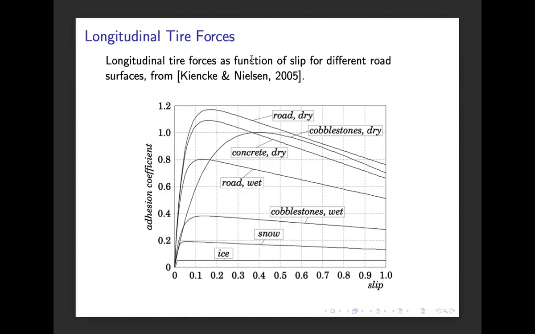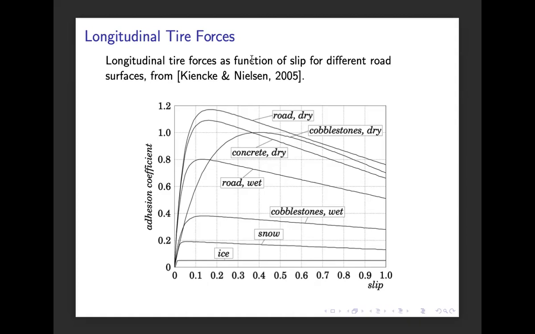If we consider how this curve for the tire force varies for other kinds of road surfaces, we see that it's not only the height, the amplitude of the maximum peak, it's also the shape of the curve that changes quite drastically. Especially for low friction surfaces like snow and ice, we have completely different dynamics in terms of the tire-road interaction.